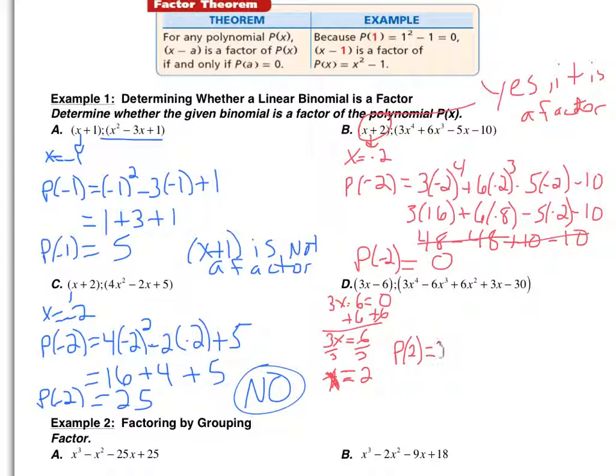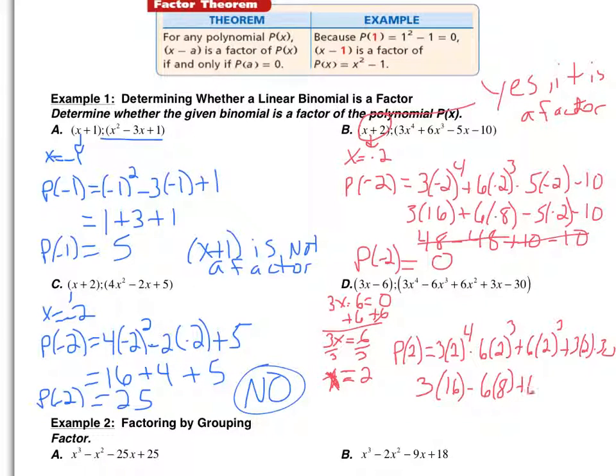So that'd be 3 times 2 to the 4th minus 6 times 2 to the 3rd plus 6 times 2 squared plus 3 times 2 minus 30. And we have 3 times 2 to the 4th, which is 16, minus 6 times 2 cubed, which is 8, plus 6 times 2 squared, which is 4, plus 3 times 2 is 6, minus 30.